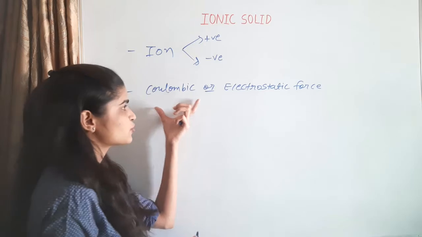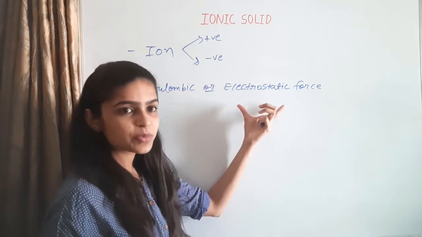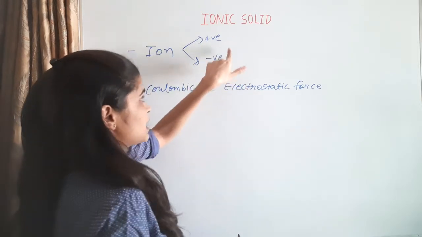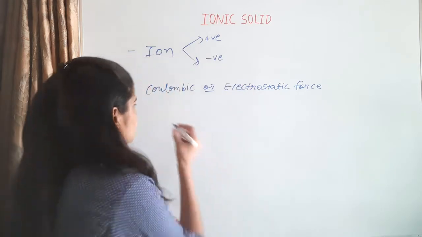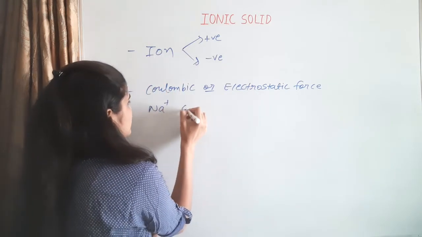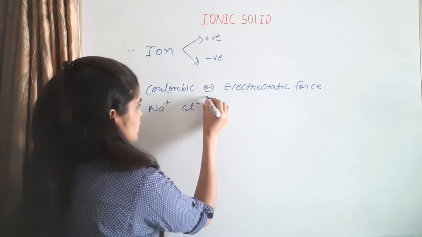Coulombic or electrostatic forces mean that the positive and negative charges are attracted together, for example Na plus and Cl minus.